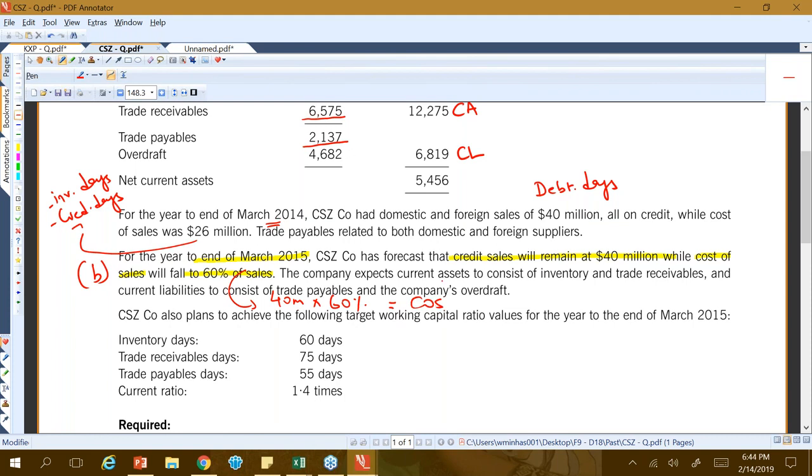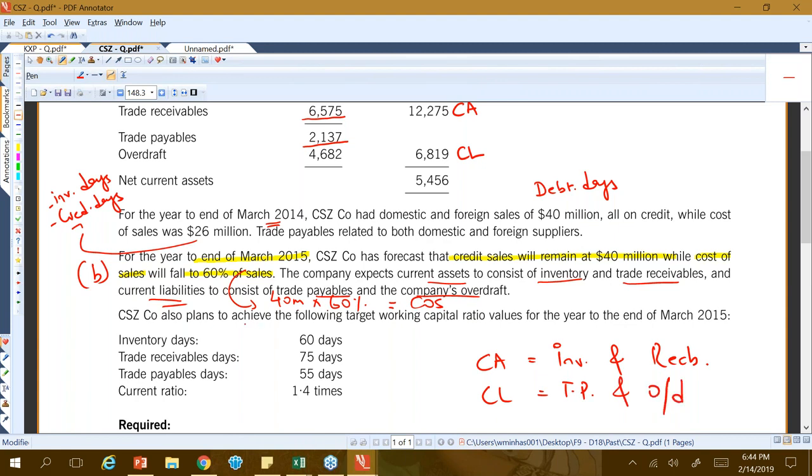The company expects the current assets to consist of inventory and trade receivables, and current liabilities to consist of trade payables and the overdraft.